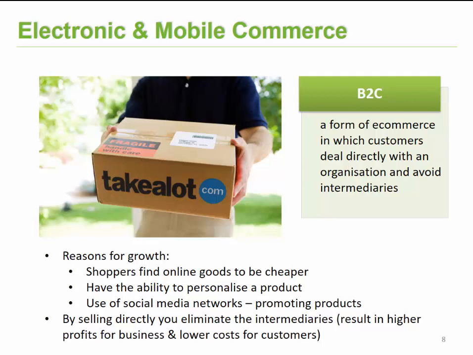CDs in that case would have been bought from music producers, companies selling the CDs, and then the company would actually act as an intermediary that will sell the CD to you. So we're eliminating all those intermediaries.